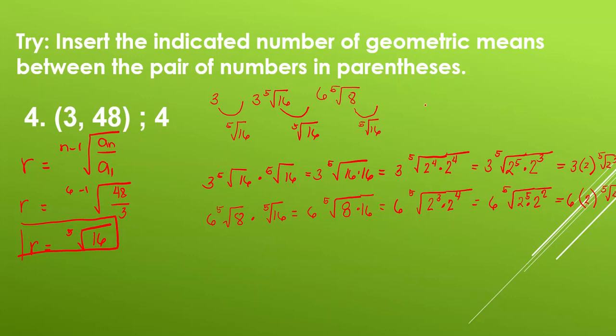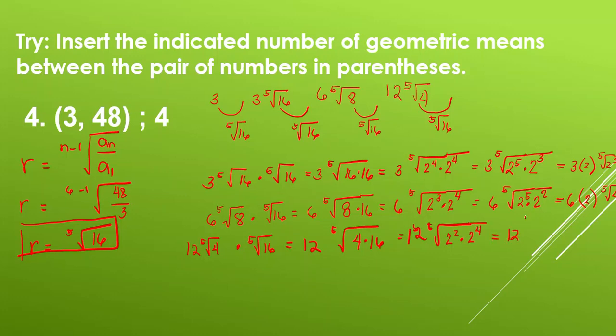So I can have, the next term now is 12 fifth root of 4. Okay, next, this one times fifth root of 16. So 12 fifth root of 4 times fifth root of 16 is equal to 12 fifth root of 4 times 16. 12 fifth root of 4 is equivalent to 2 squared times 16, which is 2 raised to 4.